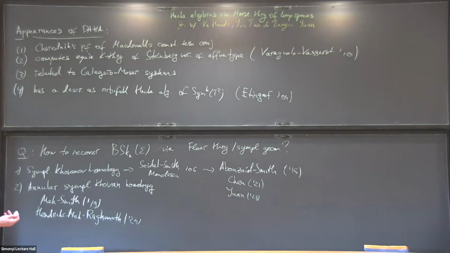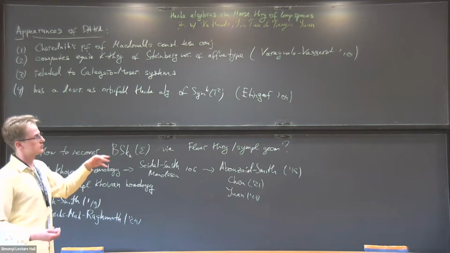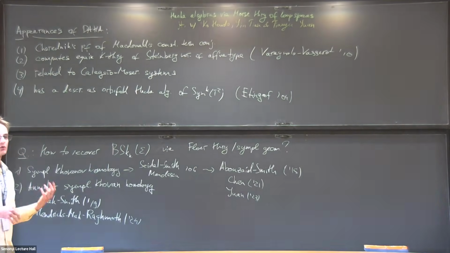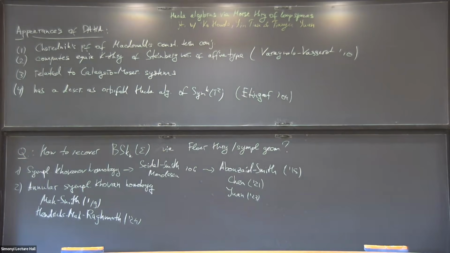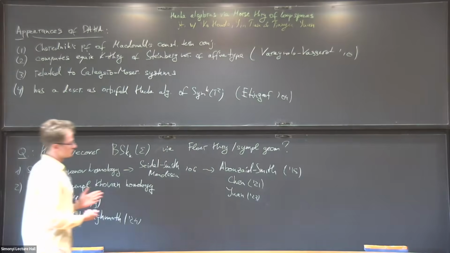It's a certain deformation because you have this variable h bar, which is formal, and there are two variables there. These are formal variables that you initially don't see just from the topology.